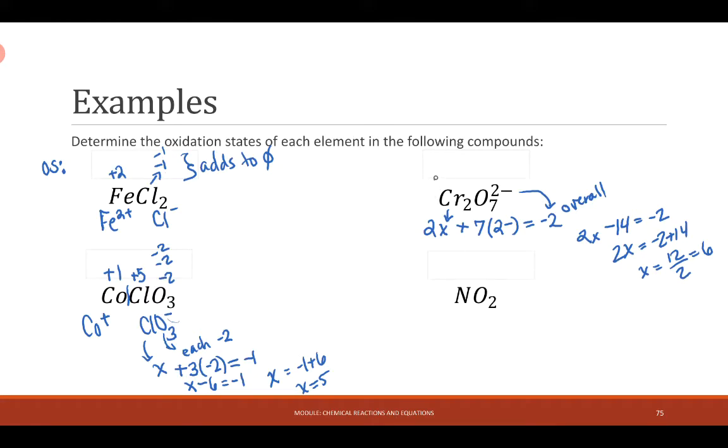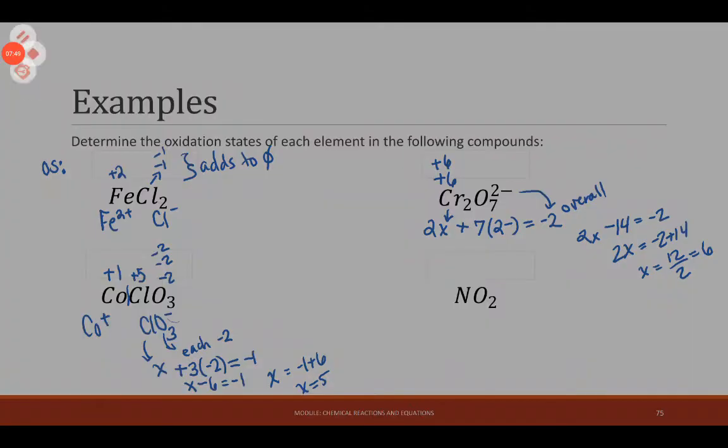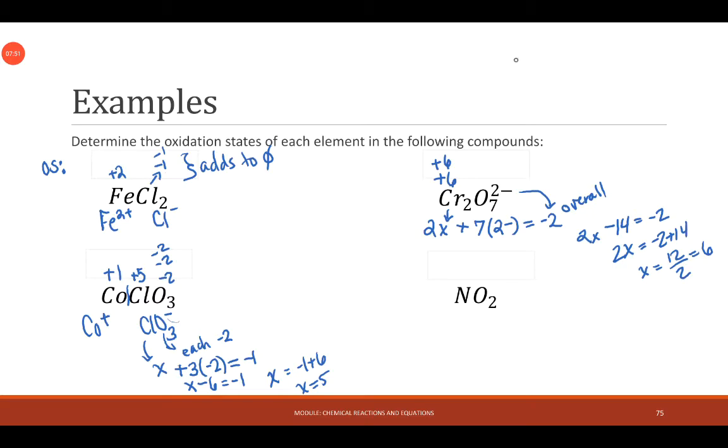And so each chromium here is a +6 oxidation state, and each oxygen is a -2 oxidation state. Just to remind you, there's 7 oxygens, so that's 1, 2, 3, 4, 5, 6, 7 oxygens. And so if we add all of this up together, we should end up with a -2.